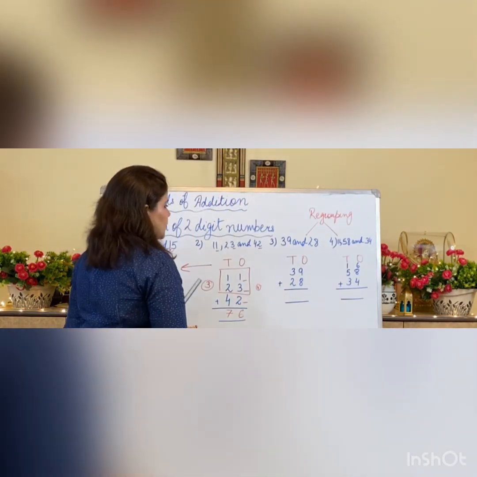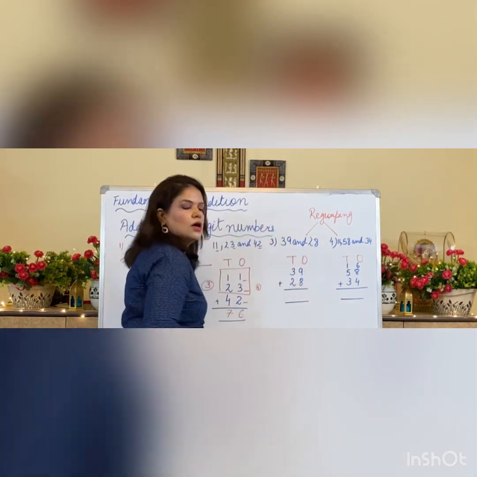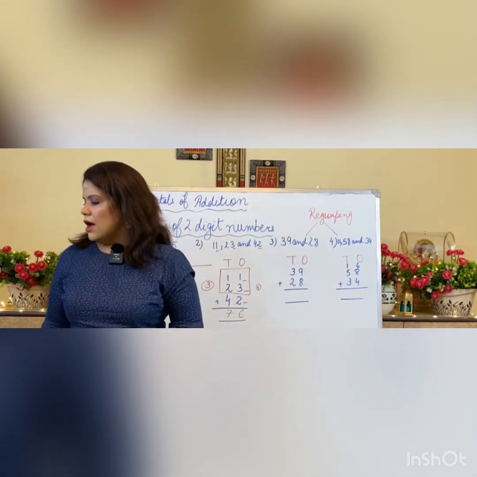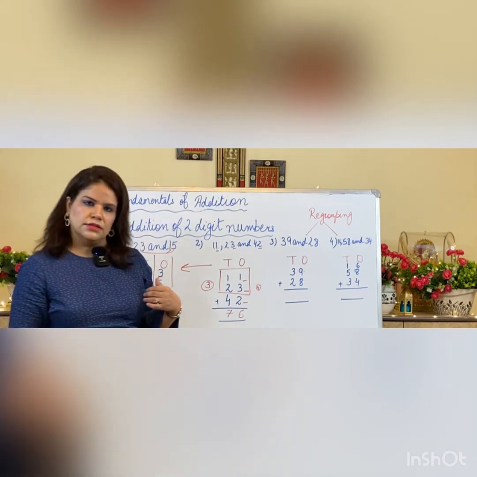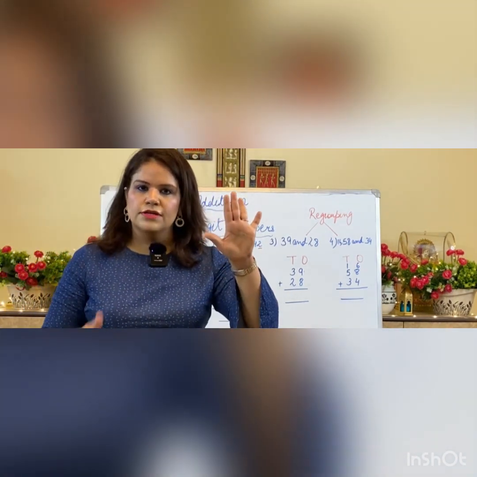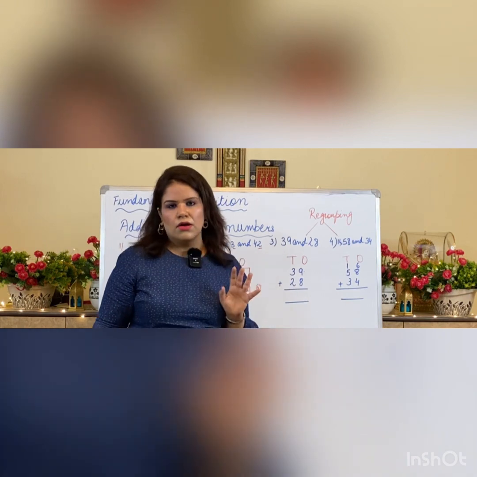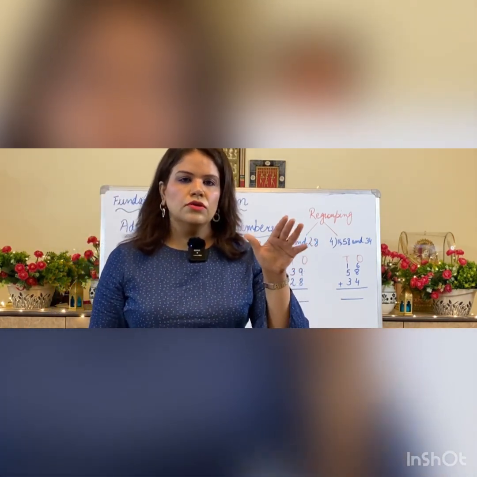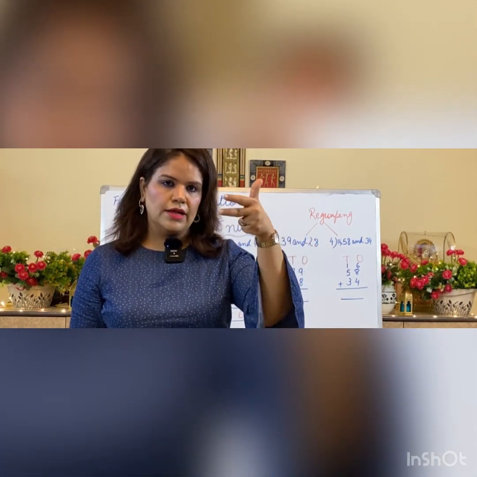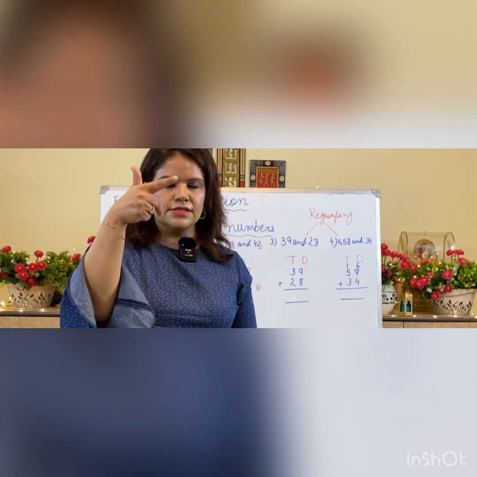So how will I be doing this? 9 plus 8. 9 is in my mind. Is it clear? 8 fingers I will be raising. So 5, 6, 7, 8. I will be counting ahead of 9: 10, 11, 12, 13, 14, 15, 16, 17.